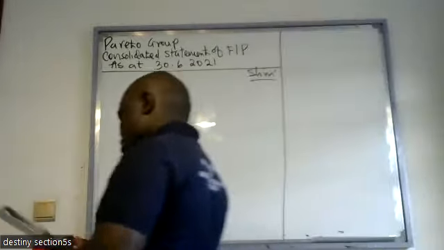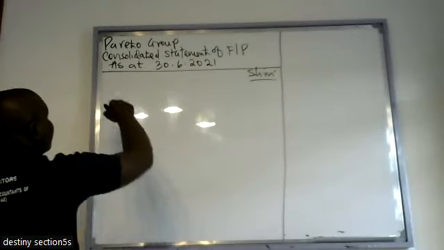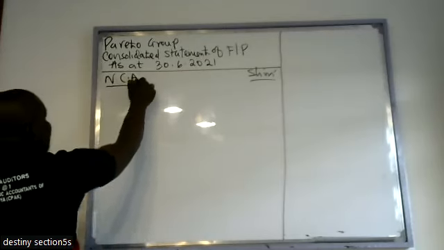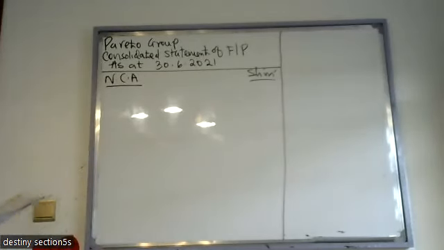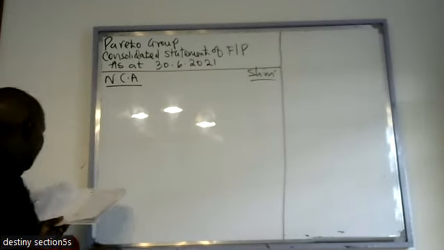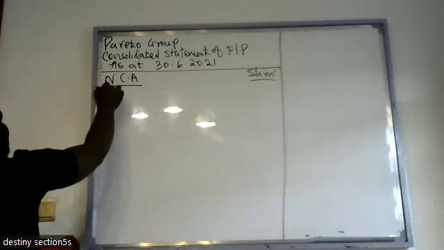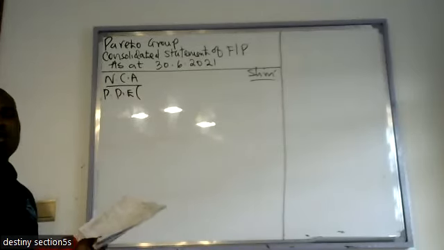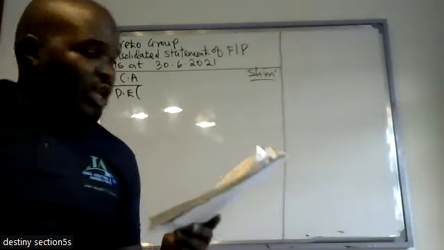So non-current assets. Non-current assets, PPE, property, plant, and equipment. So here we are only adding Pareto and Pamba.